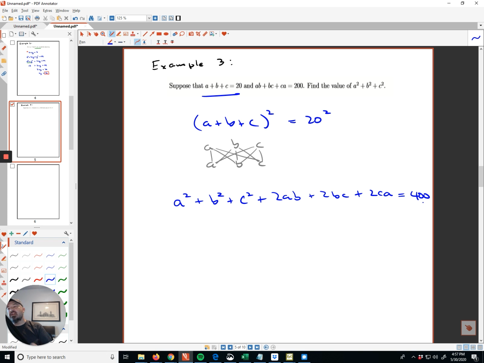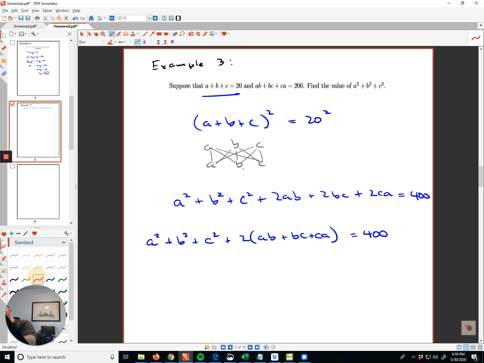So now we see on the left-hand side, we can go ahead and substitute. Oops, wrong one. Oh, that's the one we're trying to find. Pardon. We can substitute. I'll go ahead and regroup. What we've got is a squared plus b squared plus c squared plus 2 times (ab plus bc plus ca), and that equals 400.